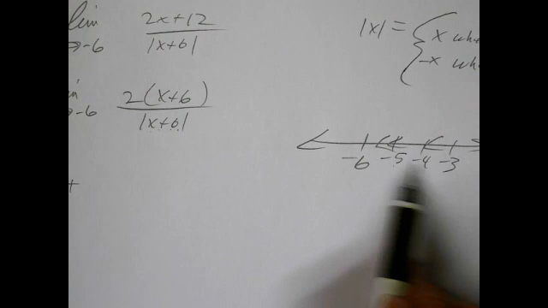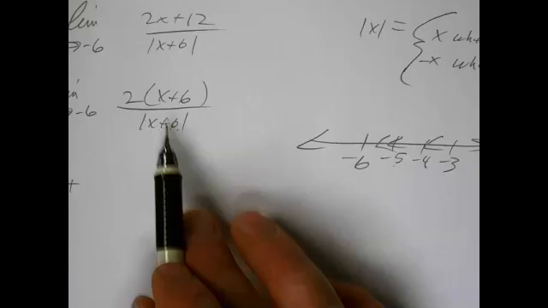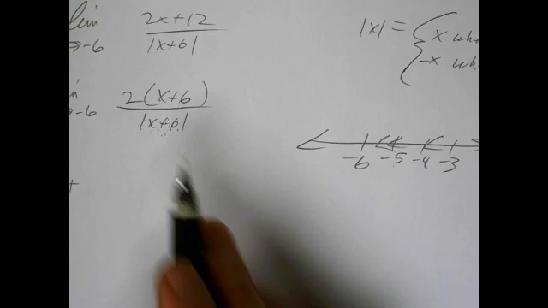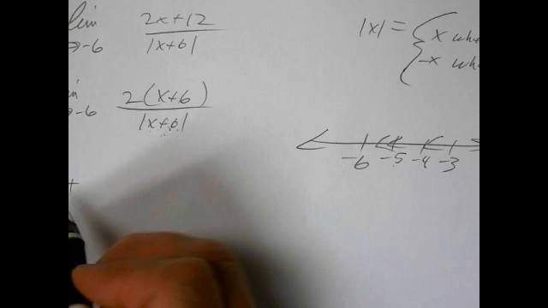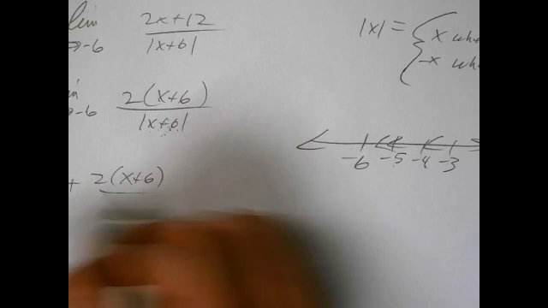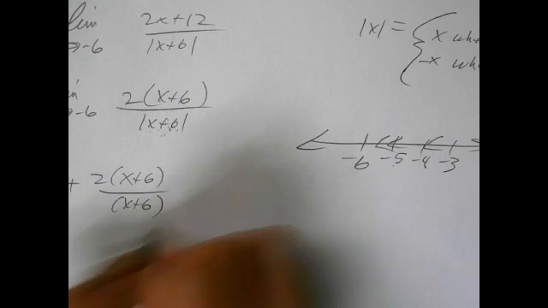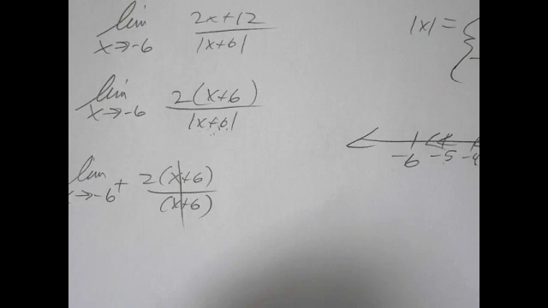Coming in with -3s, -4s, and -5s, this expression is positive. So coming in at -6 from the right-hand side, this is 2 times x plus 6 over x plus 6. When it's positive, the absolute value can just go away because it's not doing anything. They will cancel.